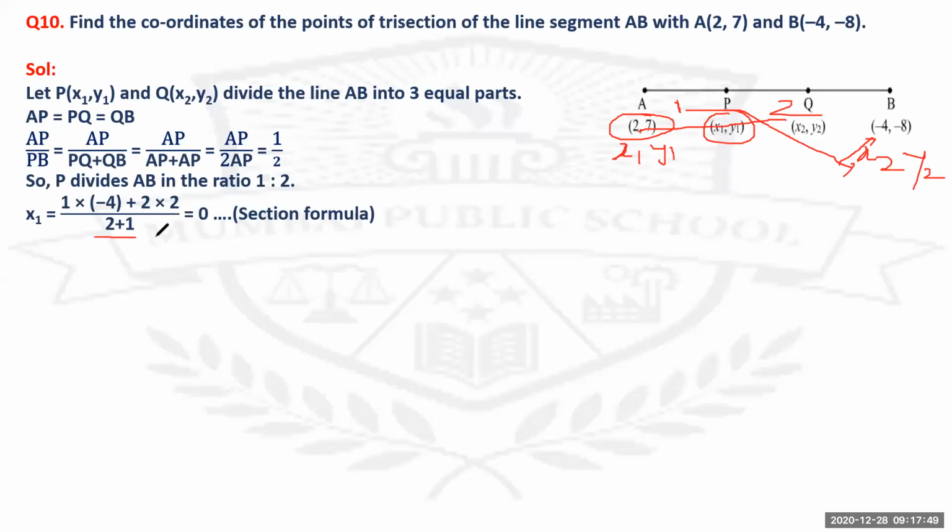So -4 plus 4 is 0, 0 upon 3, which is 0. So the x coordinate of point P is 0.